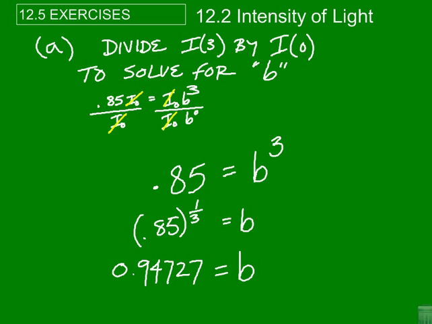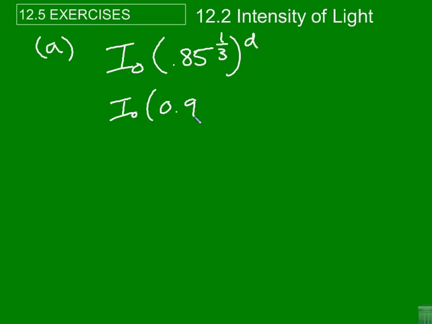So if I take that number right there for the b value, then that's going to give me a little formula here of I0 times 0.85 to the 1/3 to the d, or I0 times 0.94727 to the d.